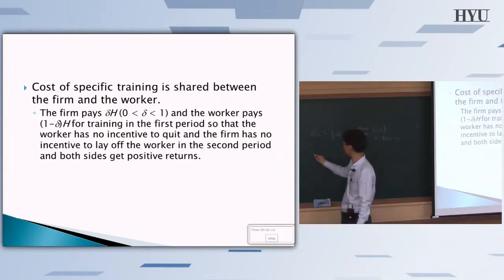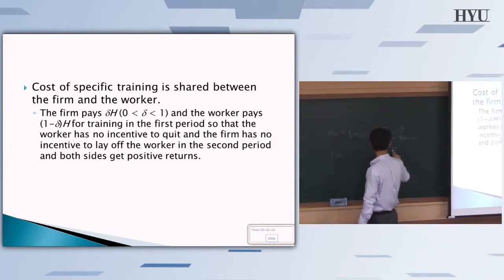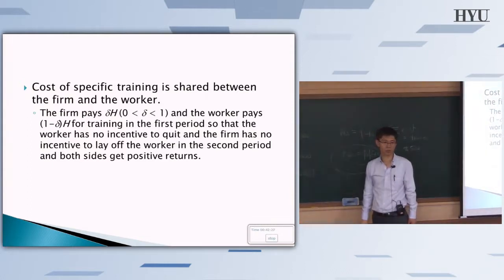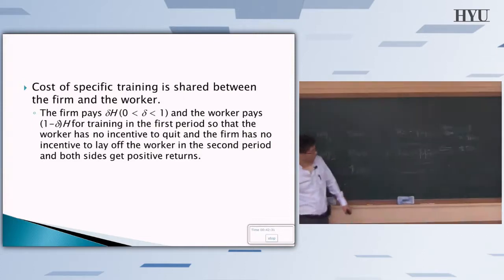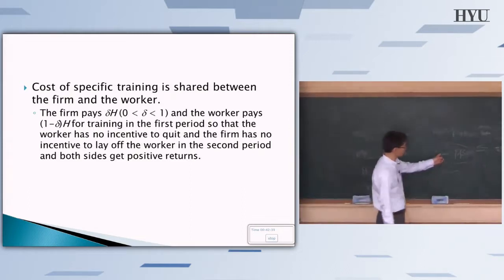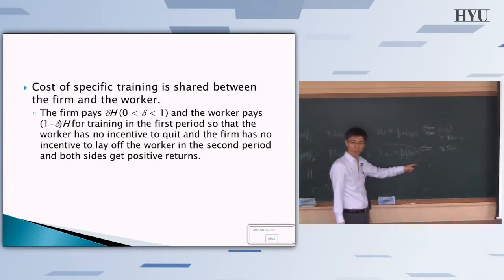Okay? But if it's, let's say, $500, then the worker gets $4,500. Okay? So from the employee's point of view, $4,500 is better than what he or she is paid elsewhere.